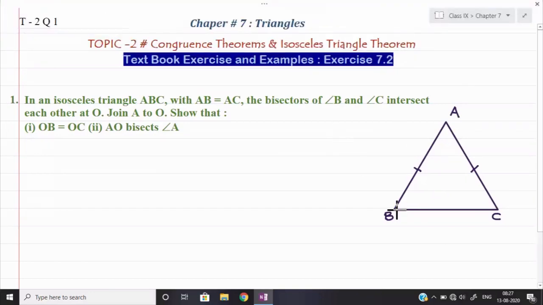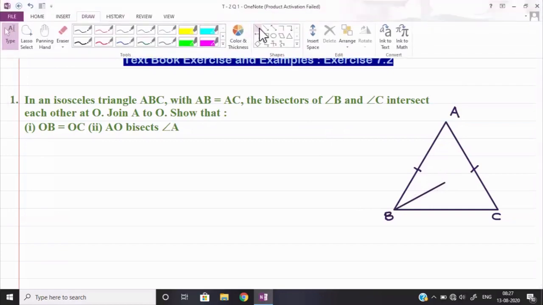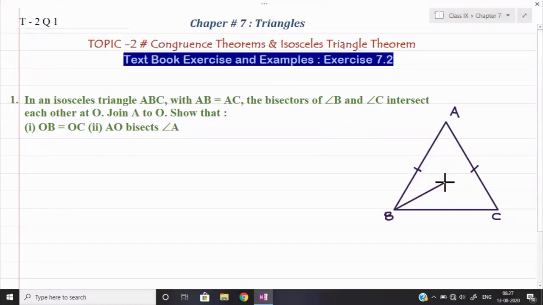First of all, I will draw the bisector of angle B. In this way we can draw it. Similarly, let us draw the bisector of angle C. Yes, right, so both the bisectors are meeting at a point, which I am calling O.